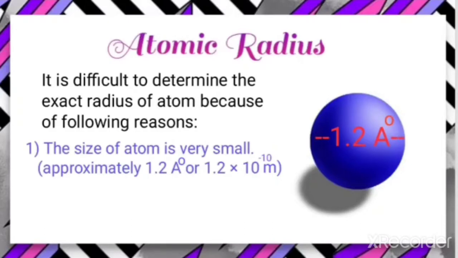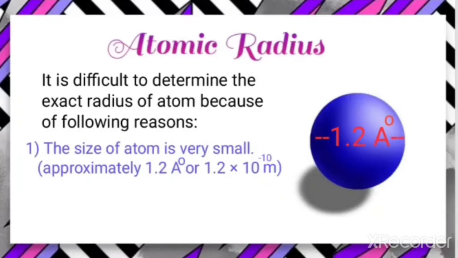You know that the atom is extremely small in size, approximately 1.2 angstrom, which is equal to 1.2 times 10 raised to power minus 10 meter. That means it is an extremely small value. Because of this, it is quite difficult to find the atomic radius.